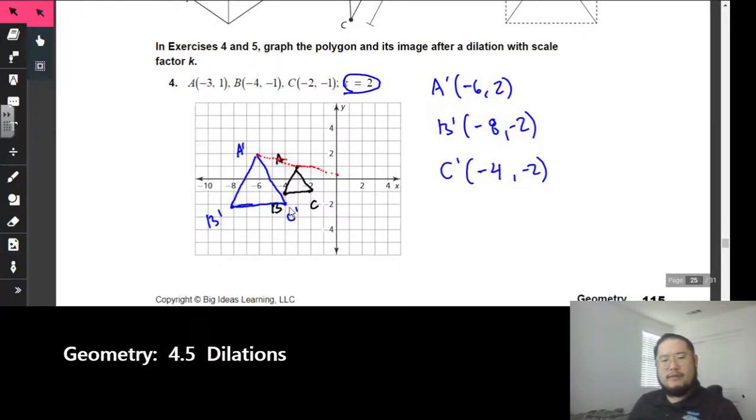Let's do the same from C prime to C. And we'll go from B prime to B all the way through. And they all should end up at a point. This point right here, we'll call that the center of dilation. Right? And we've got ourselves an enlargement.